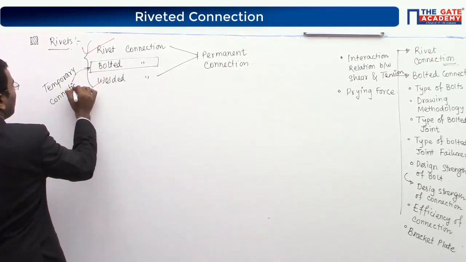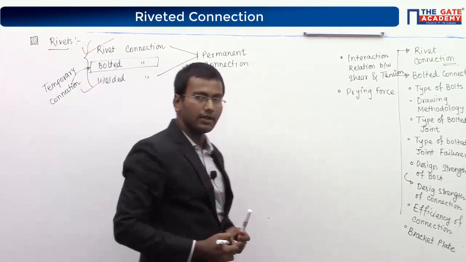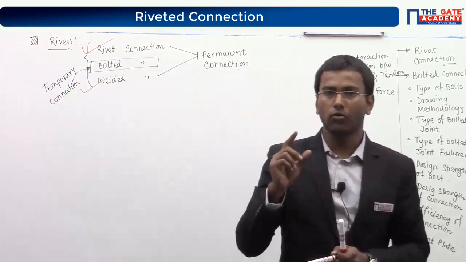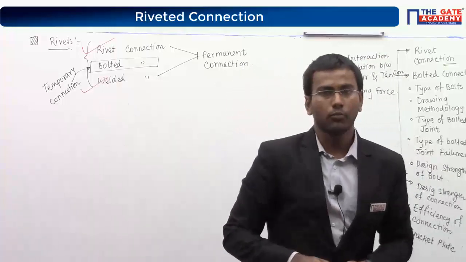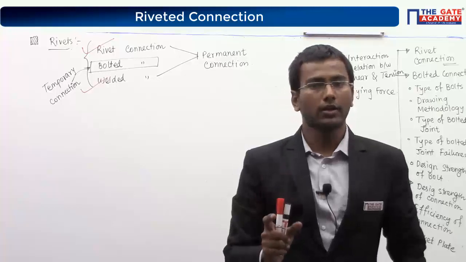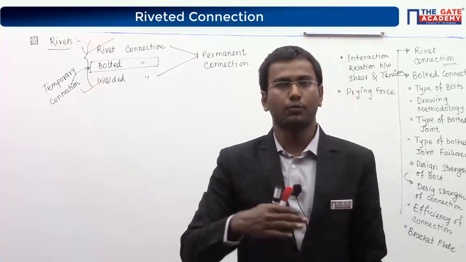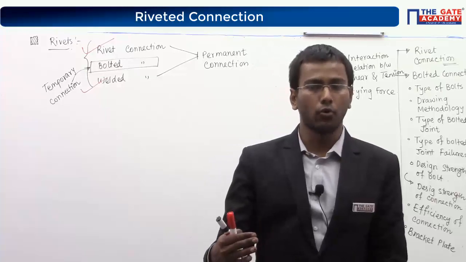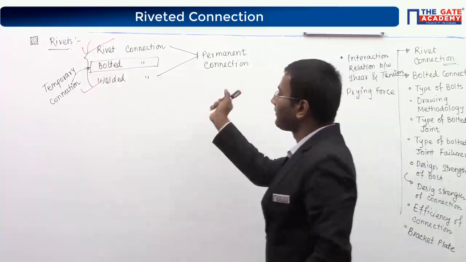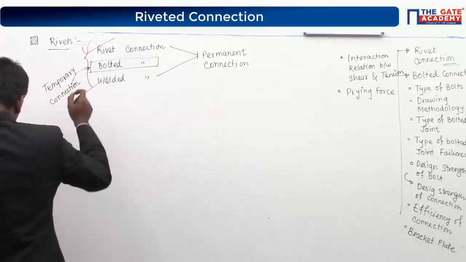Why? Because if there is any fault in a particular bolt, we can remove the bolt easily. So that's why the bolted connection is temporary, and it has a lot of positive sides in industrial connections. Now first one, rivets.